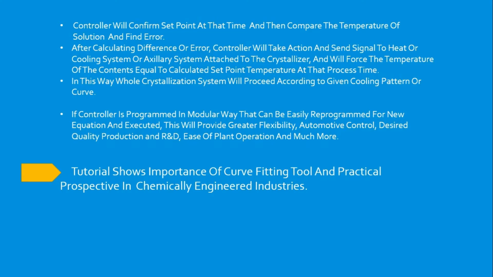If the controller is programmed in a modular way, then it can be easily reprogrammed for a new equation and executed. This will provide greater flexibility, automated control, desired quality of production and research and development, ease of plant operation and much more.